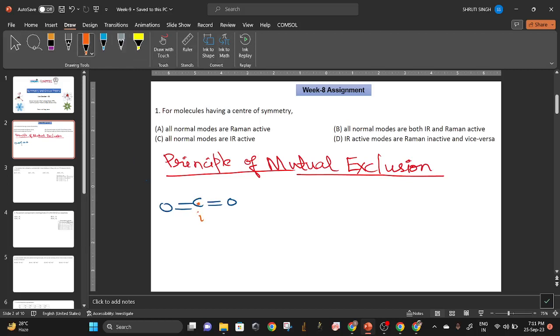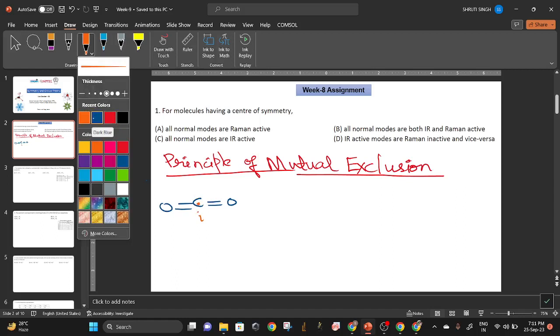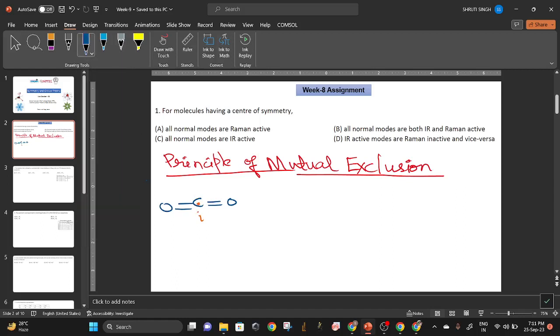So for any molecule which has a center of symmetry like this, the modes which we are solving, translational modes, rotational modes, vibrational modes, right? The modes which are active in vibration, meaning those modes which give the vibrational spectra, won't give the Raman spectra.